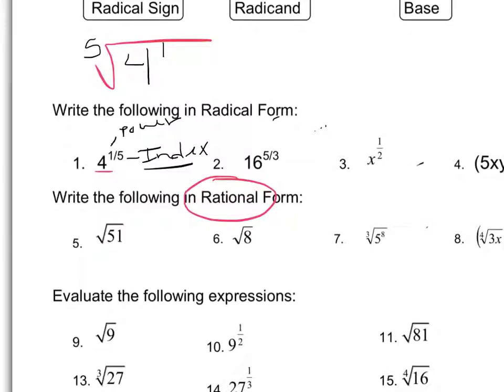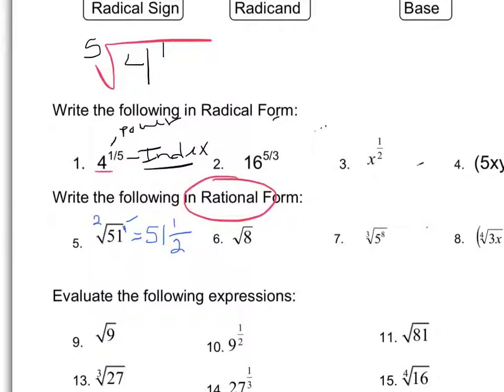We know that your index, if there is no number, is always going to be 2. And we know the coefficient goes right there, just like a normal function. And your power is going to go on top, as well as your index, which goes on bottom.